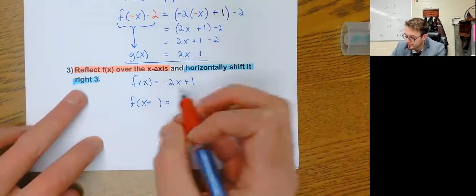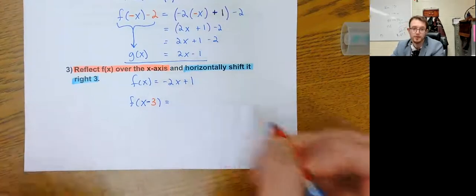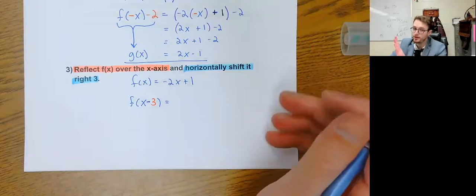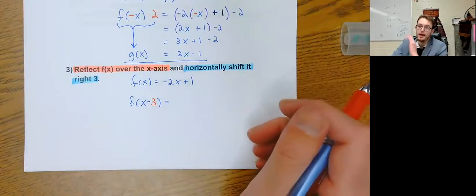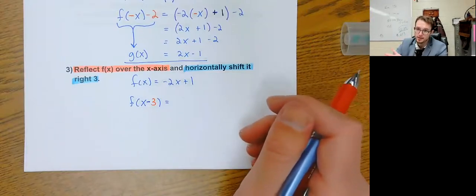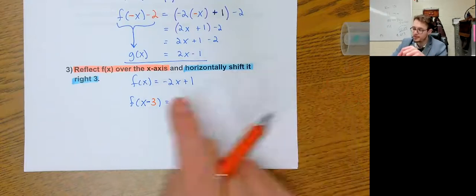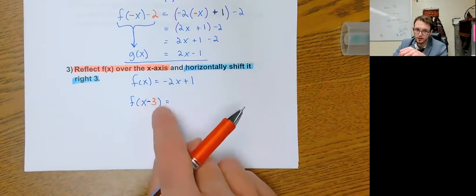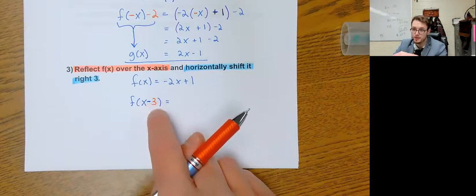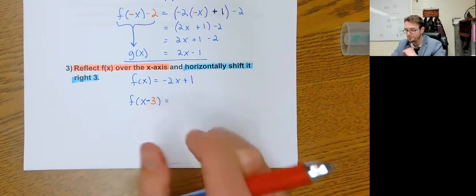We want to shift right 3, a positive 3. Not subtracting off a negative 3, we are subtracting off a positive 3, so minus positive 3. A negative and a minus are not the same. This is not x negative 3. This is x minus positive 3, okay?